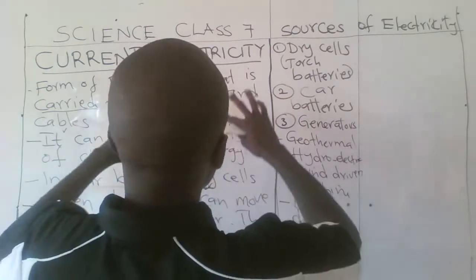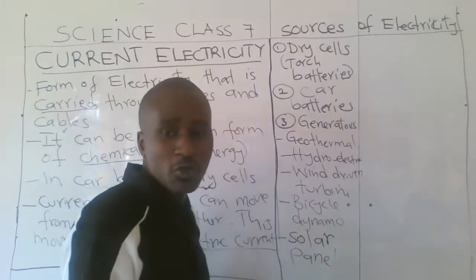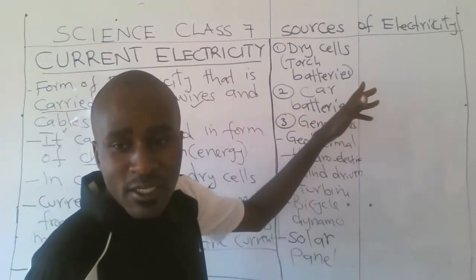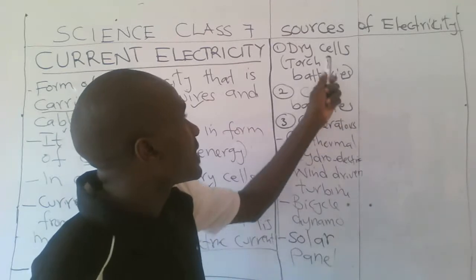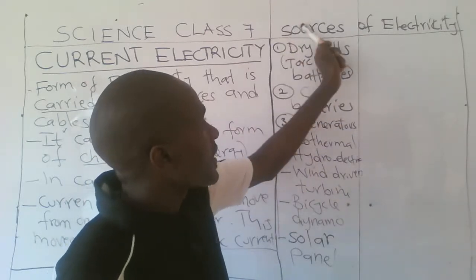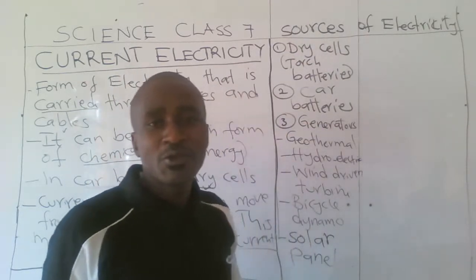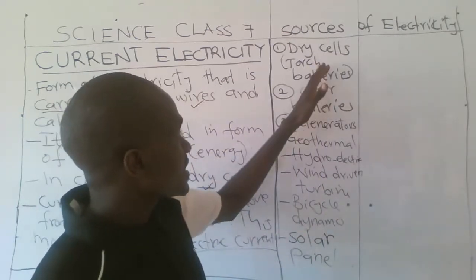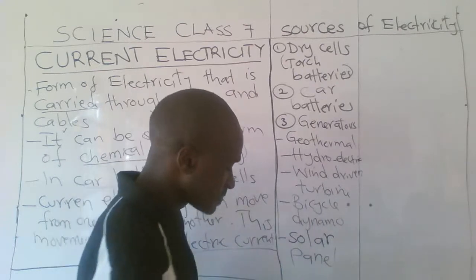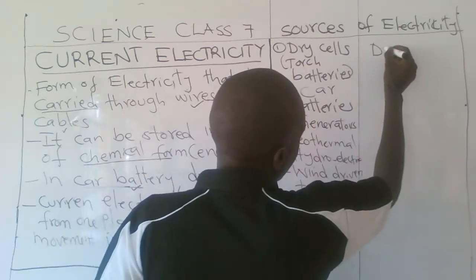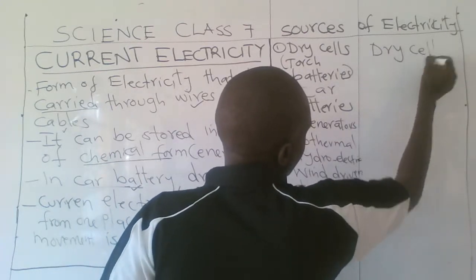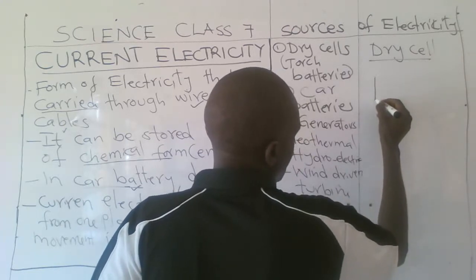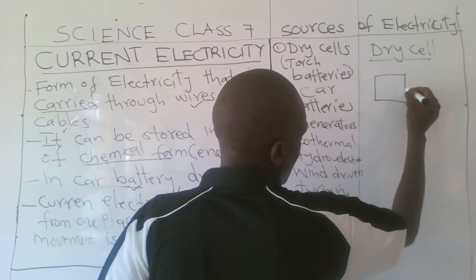Now, this is what we are going to dwell on, starting with the dry cell, as a source of current electricity. A dry cell is something which looks like this one here.